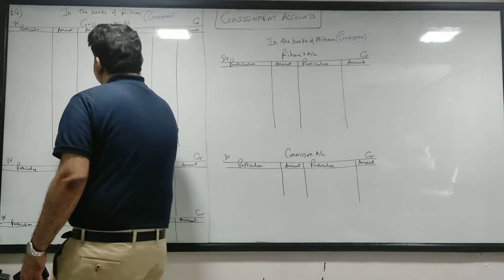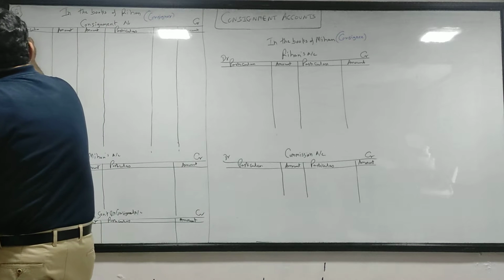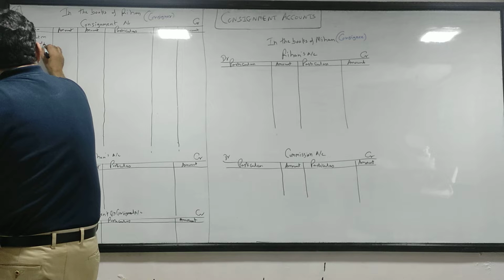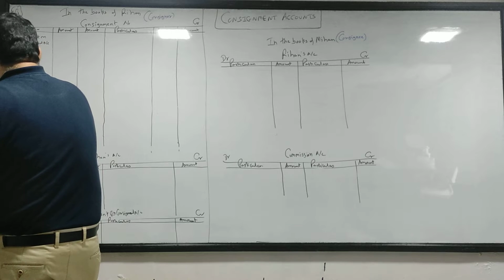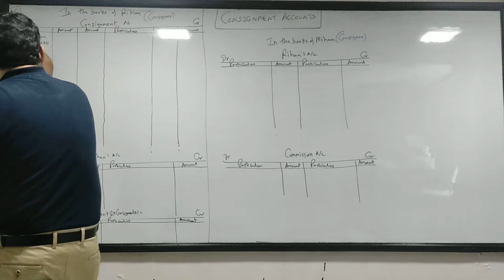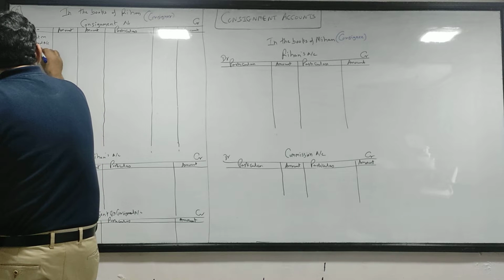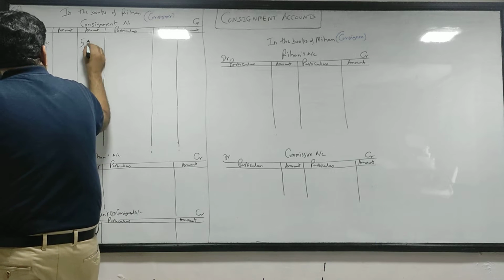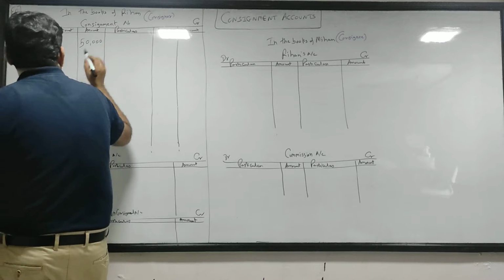So what you will do is come to the debit side of consignment account, to goods sent on consignment account, and in brackets, for understanding, you can show the amount 100 into 500, that is 50,000.